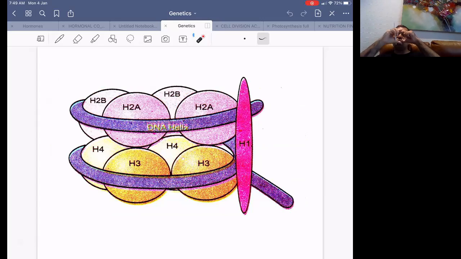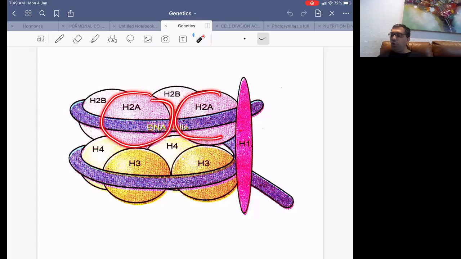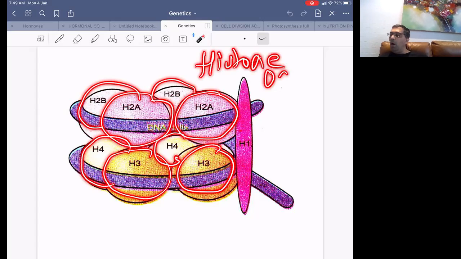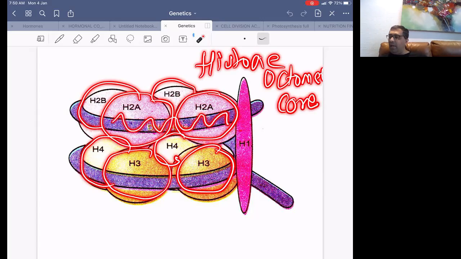Two squares are superimposed over each other. It forms a cube, and that is called a histone octamer core. Histone octamer core, over which the DNA is present. And the DNA makes 1 and 3/4 turns.